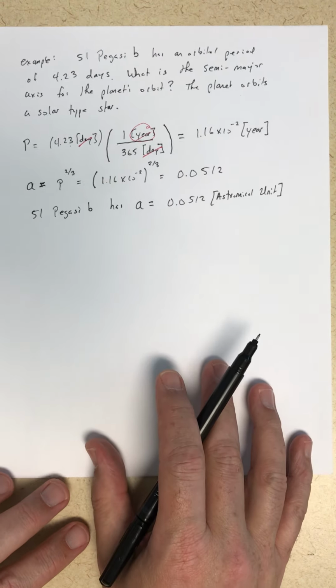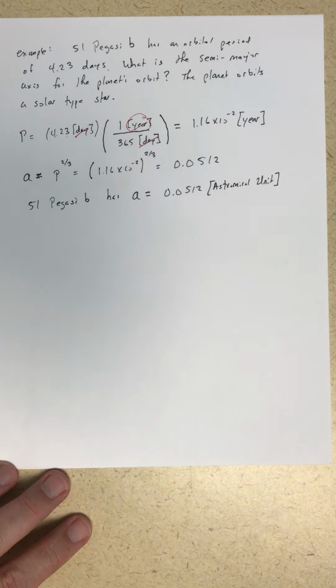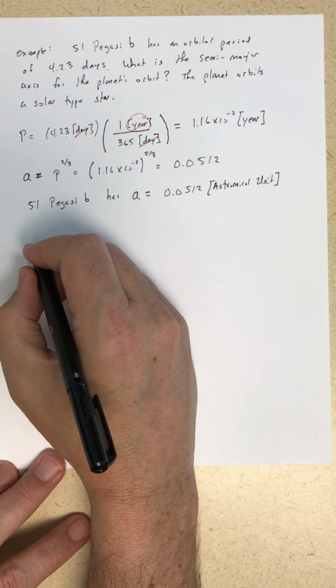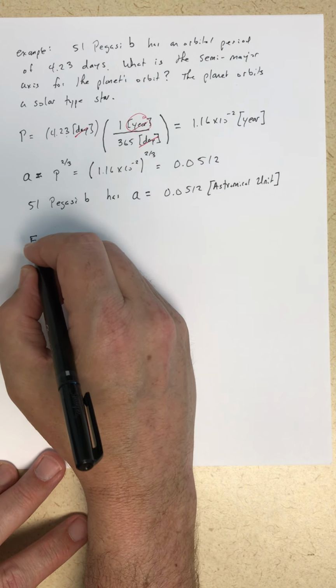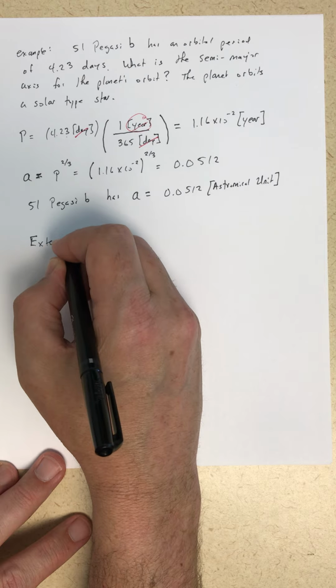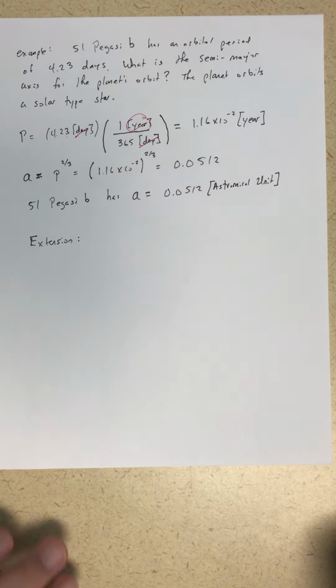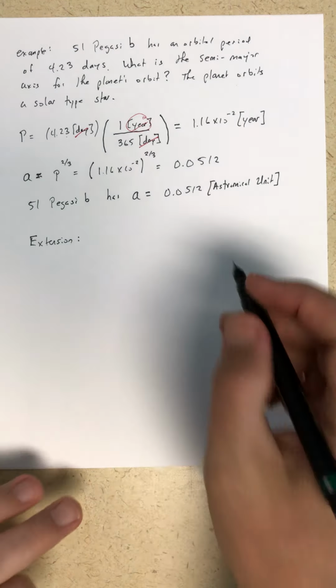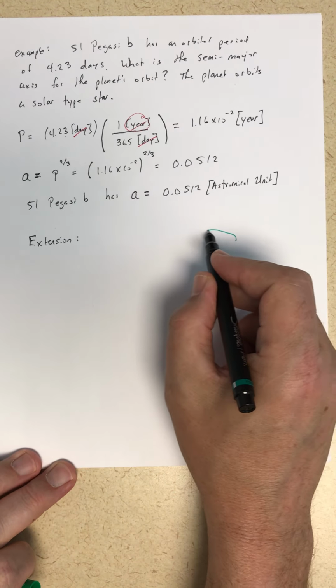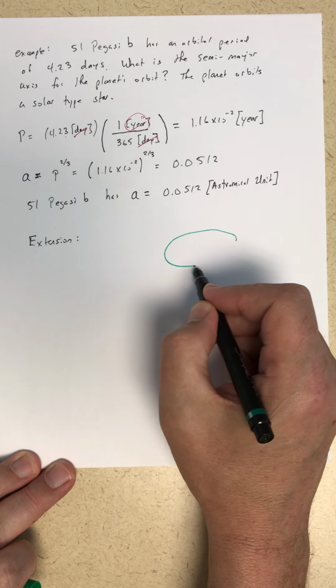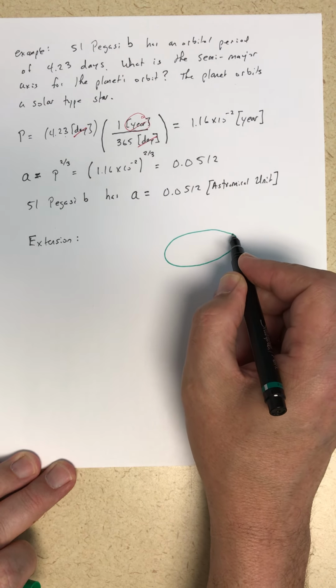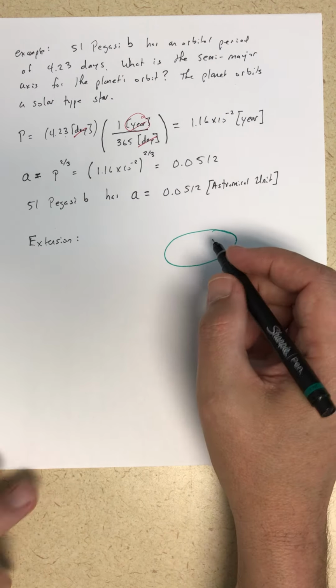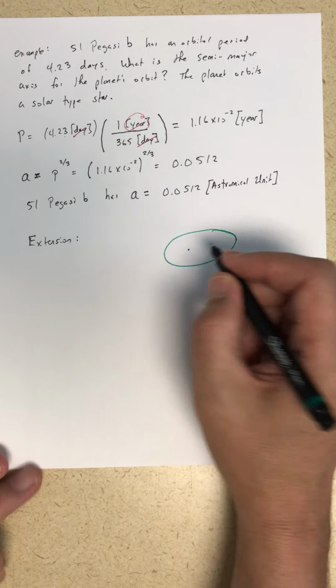I'm going to talk about a couple of extensions thinking about this. So I'm going to draw out a little orbit. So a pretty eccentric orbit there, and there's one focus.